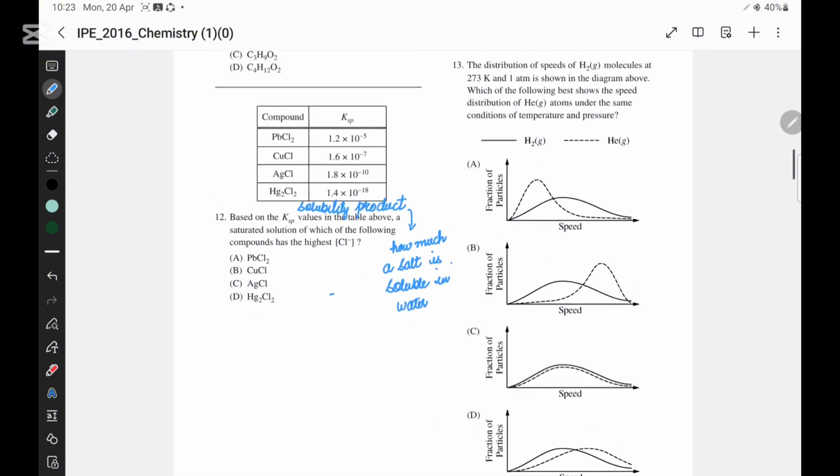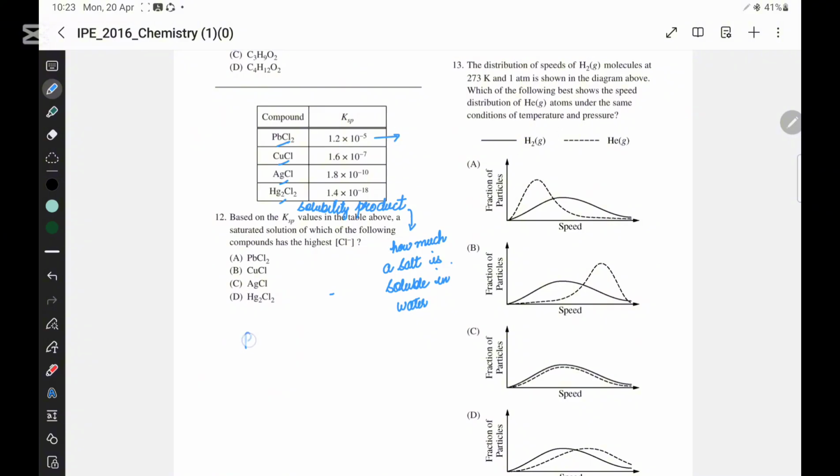So the greatest Ksp among these compounds is for PbCl2, which is 1.2 times 10 to the power minus 5, which shows that it is going to have the greatest solubility.